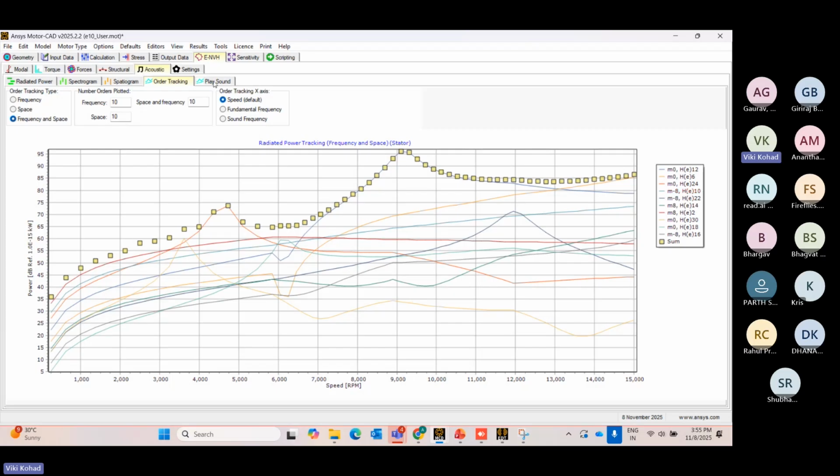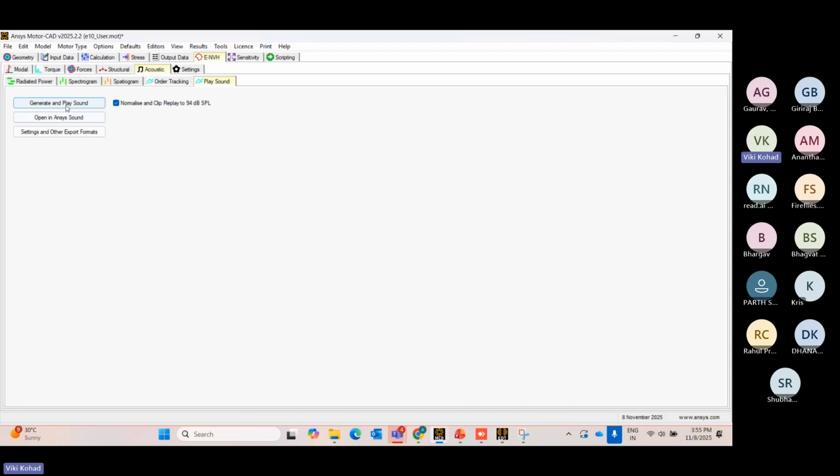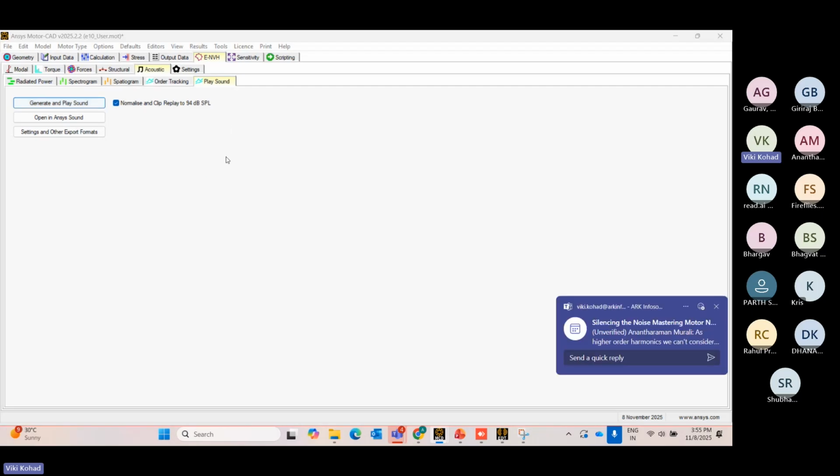Also in Motor-CAD you can see the sound, like generate and play sound. At 94 decibel sound is there. On the basis of the calculations it will give you the sound.